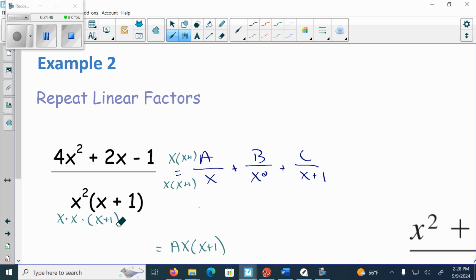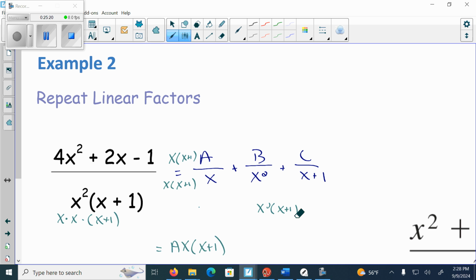Because x squared is technically x times x. So there's the x. The factor is x. This x squared tells me that it repeats. If I ask you what your lowest common denominator is, you would tell me x squared times x plus 1, which is what I have.